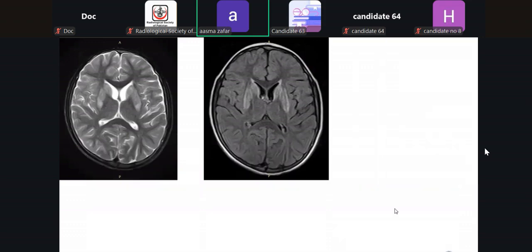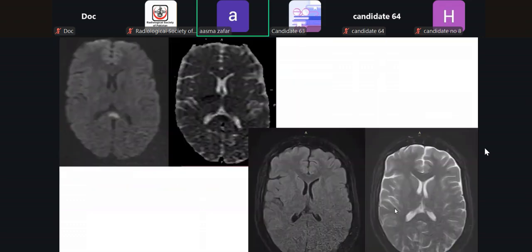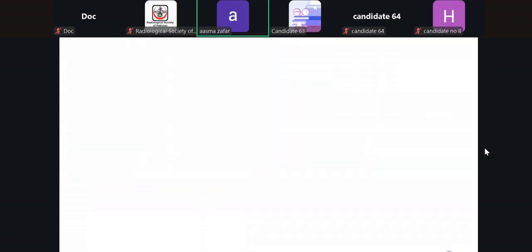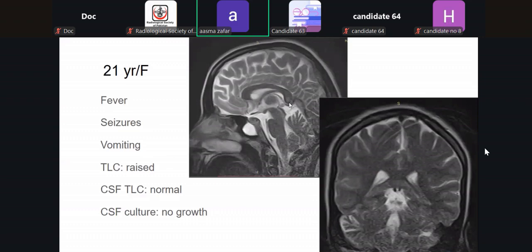And the second case. What was this? The corpus callosum, high signal intensity. Just look at the splenium. And this is not pons. These are normal veins. This was the abnormality.